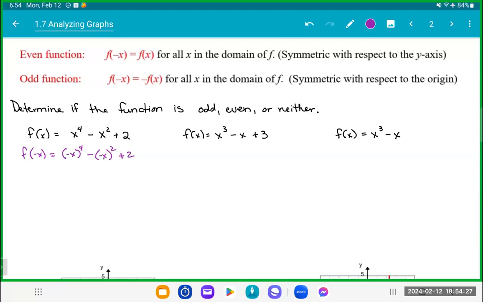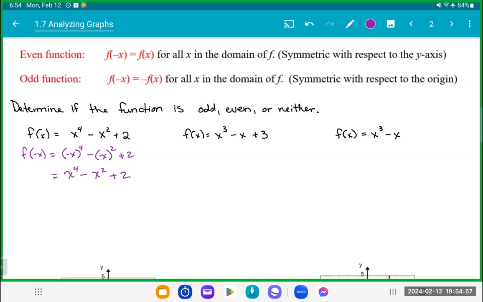Well, anything to an even exponent, 2, 4, 6, 8, 10, 12, and so on, is going to result in a positive value, right? Because a negative times a negative is positive. Negative times negative times negative times negative, still positive, okay? So this would be x to the 4 minus x squared plus 2, okay?